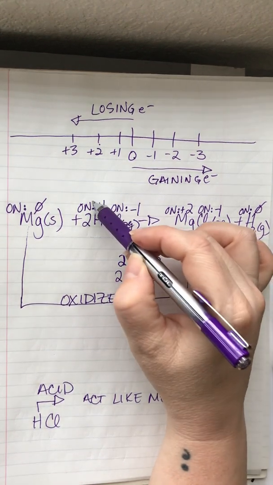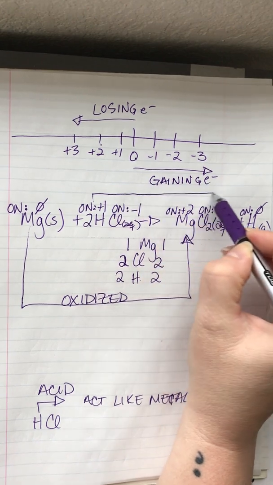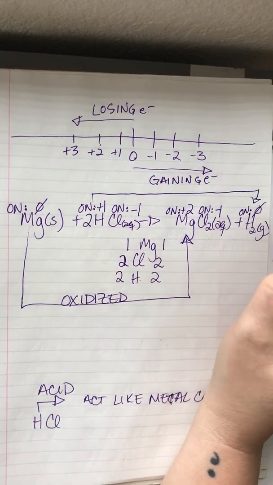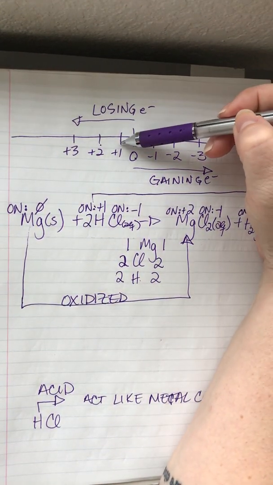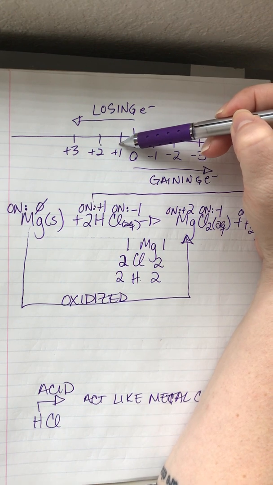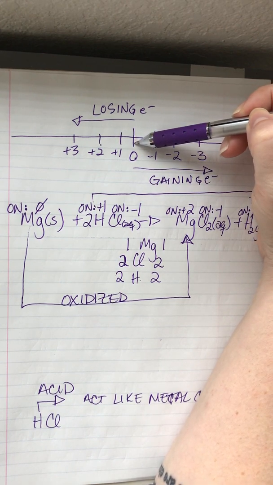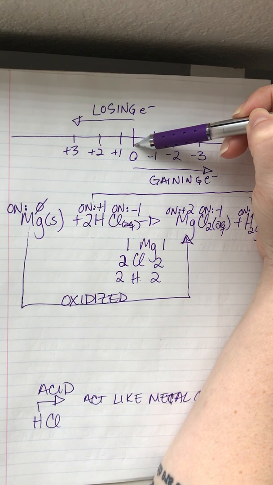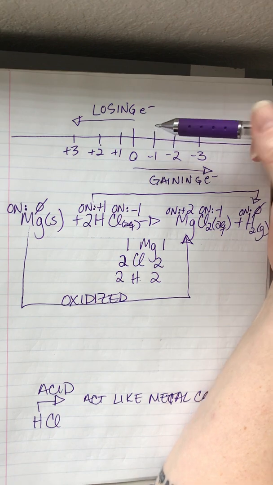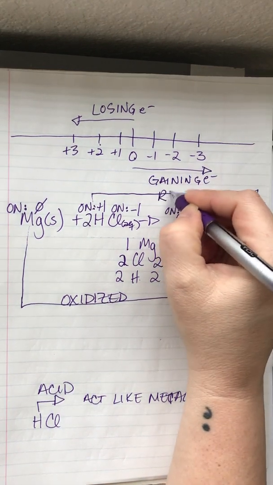And so looking at hydrogen, hydrogen started out at +1 and went to 0. So what happened to it? It gained electrons, which means it was reduced. That's exactly right.